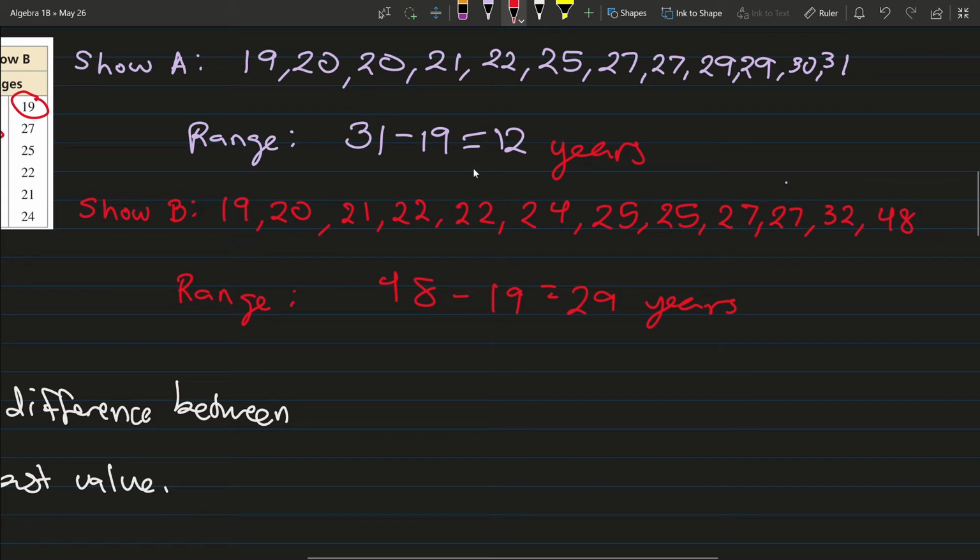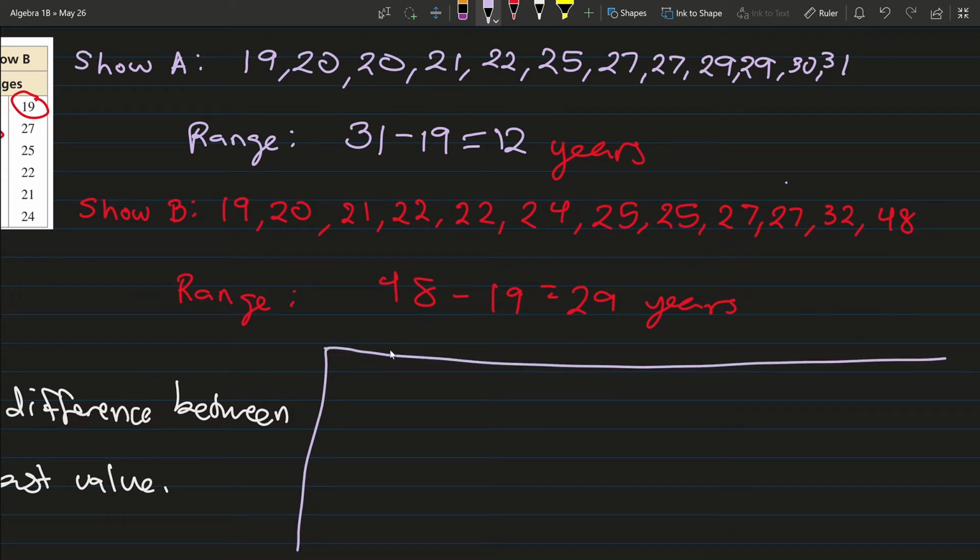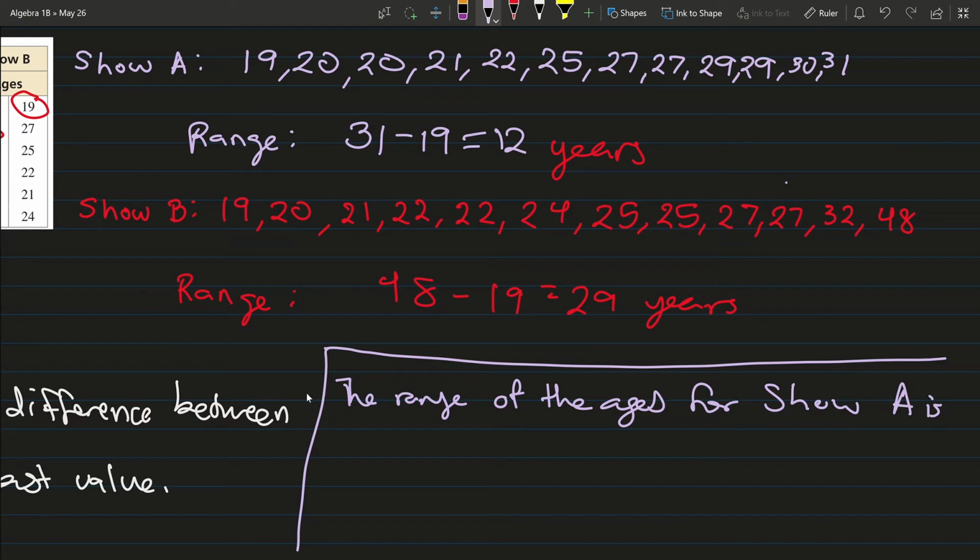So let's go ahead and compare these two results. And when we look at it, we can notice, let's write this down over here. So we notice the range of the ages for show A is 12 years, right?